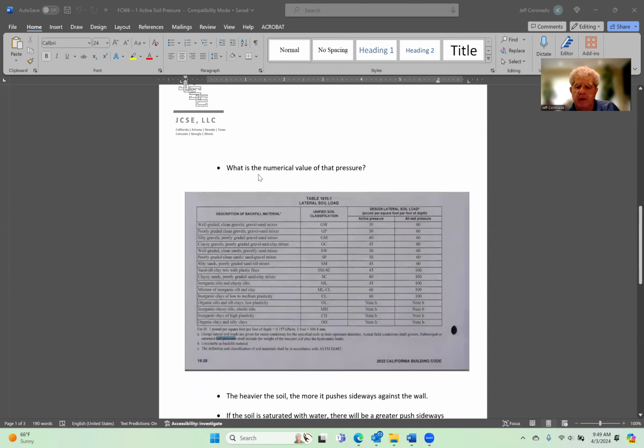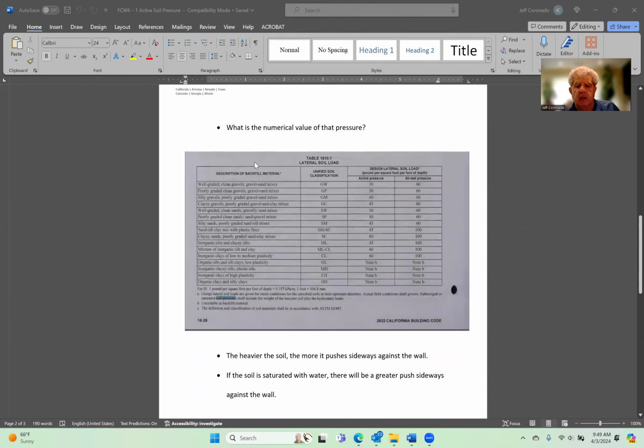Okay, what is the numerical value of that pressure? You're probably going to be able to get it in one of two ways. One is through a geotechnical engineer. If your project has a geotechnical engineer, then they'll give you what the active pressure is.